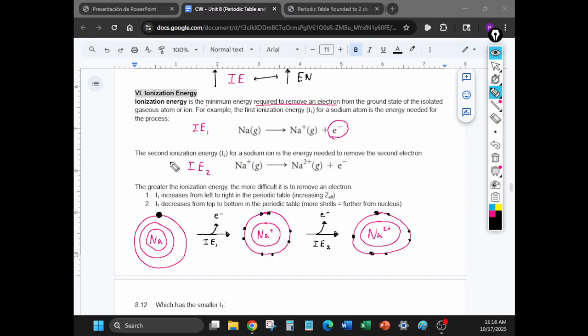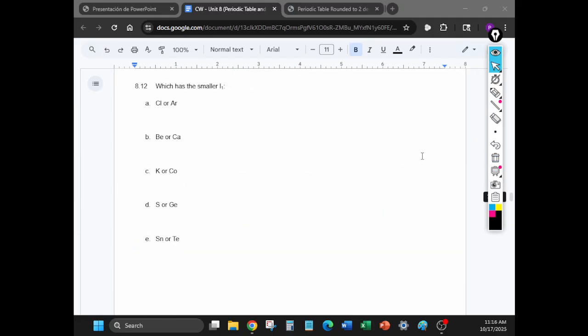All right, with that being said, let's have you guys try a couple on your own. We're going to be comparing which one has the smaller ionization energy between these elements.